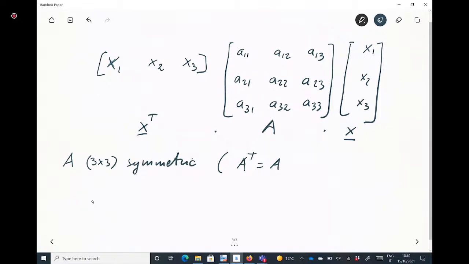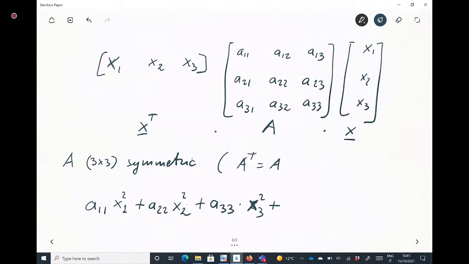And the result would just be A11 x1 squared, okay, plus A22 x2 squared, sorry, this is x2 squared, plus A33 x3 squared, plus, okay, now these are the three pure terms.